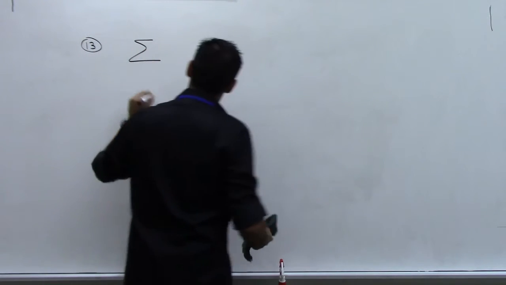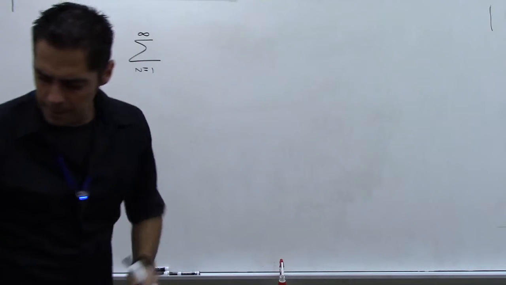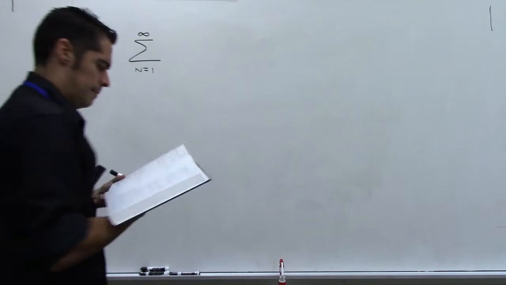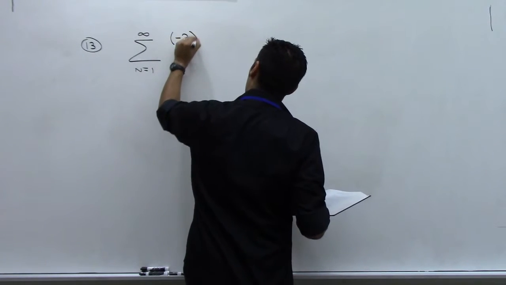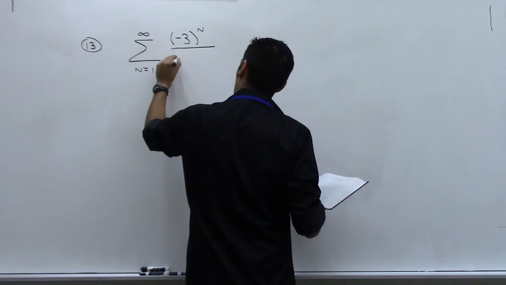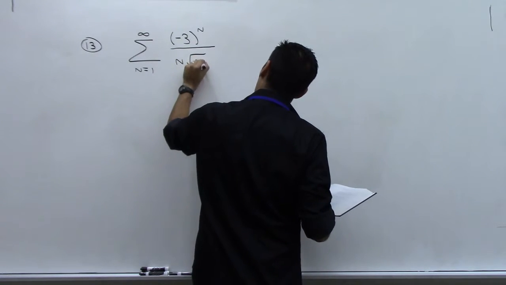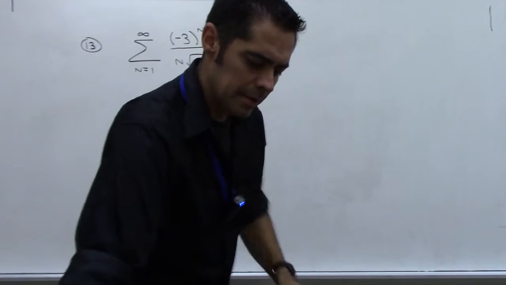Sum n equals 1 to infinity of negative 3 to the n over n root n, x to the n. So that x to the n is really on the top.